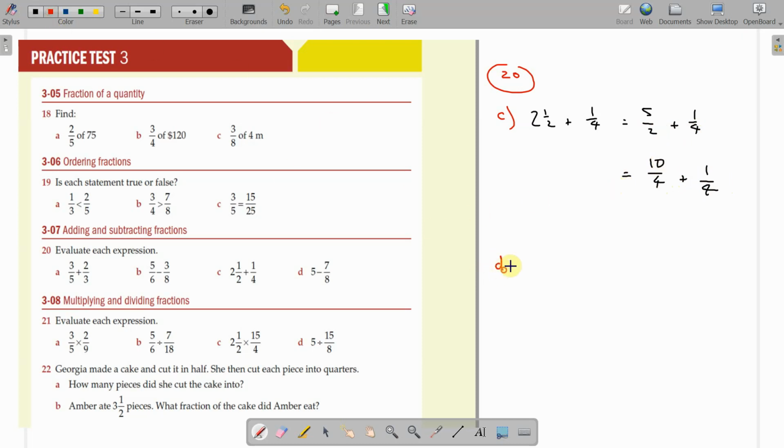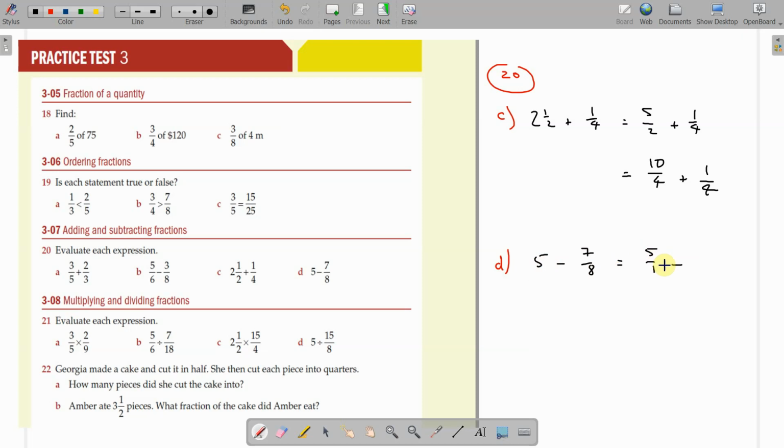Part D. Okay, so 5 minus 7 over 8. Whole number, fraction. Let's change them both to fractions. 5 over 1.